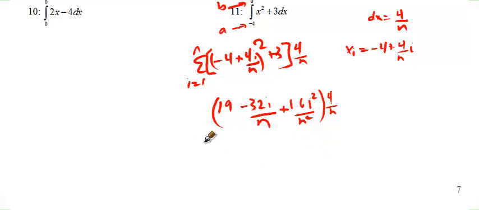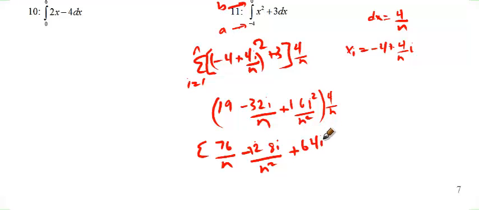Alright, so in the end we have our 19 times 4, 76 over n, minus 128i over n squared, and then plus 64i squared over n to the third.